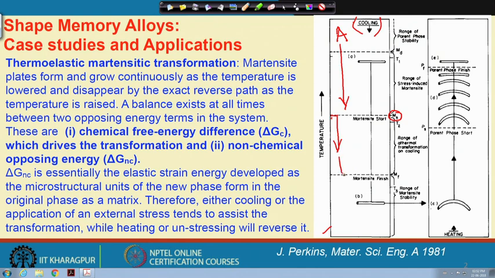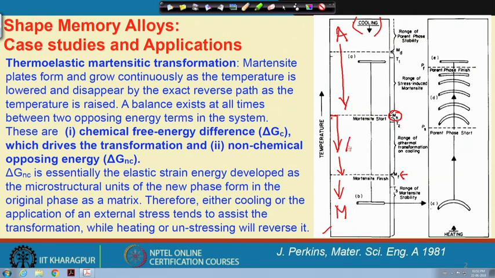And when this temperature reaches the martensite finish temperature, all the austenite in the microstructure should be transformed into martensite, and below this Mf temperature, the whole microstructure will contain only martensite.